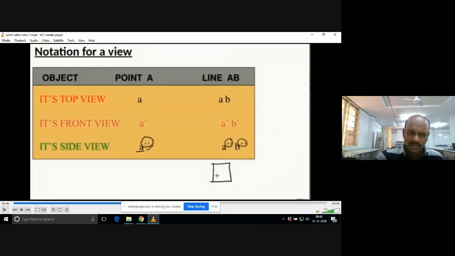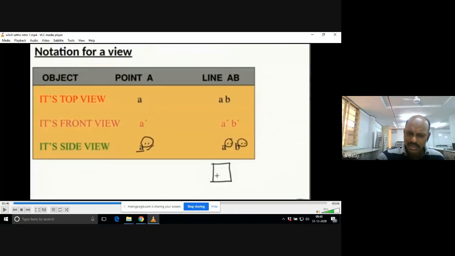For representation of these projections on the drawing sheet, if the point is capital A, then its top view will be small letter a. Its front view you have to represent with small a dash. Now I would like to ask you one question. Suppose you are given a point capital A, its top view small a and its front view a dash.